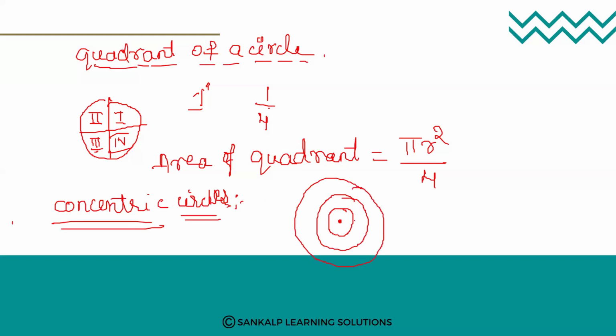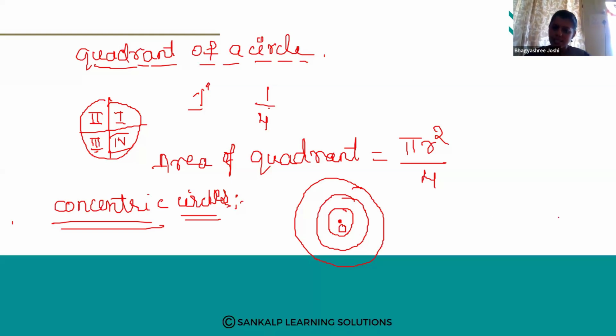All these circles are having same central point but different radius, right? Such type of circles are called concentric circles.